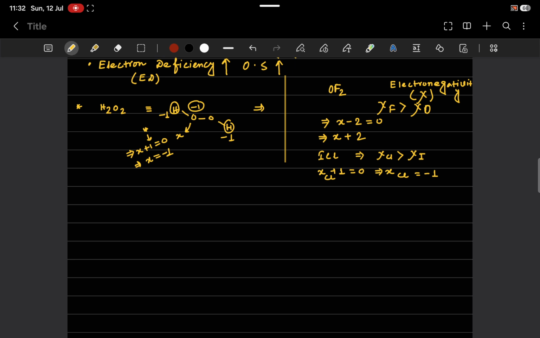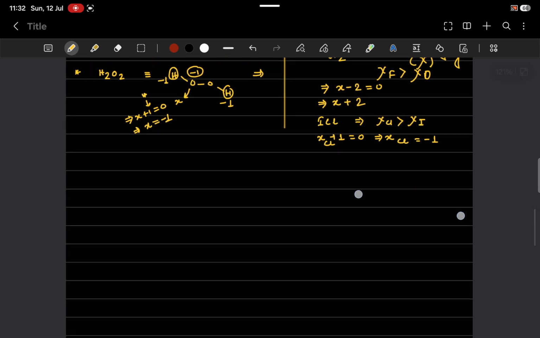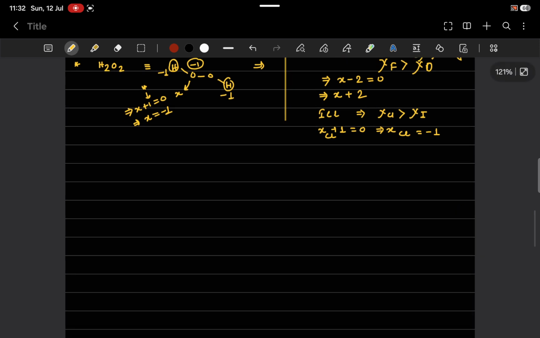right? So today we have learned three to four very important concepts. I am writing them one by one. Summary.